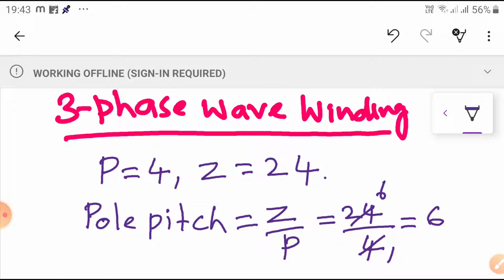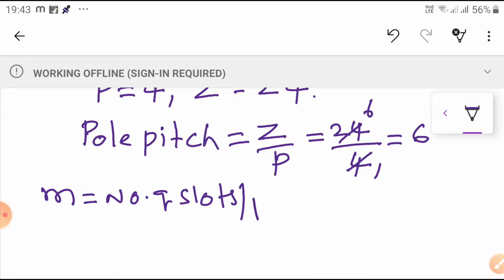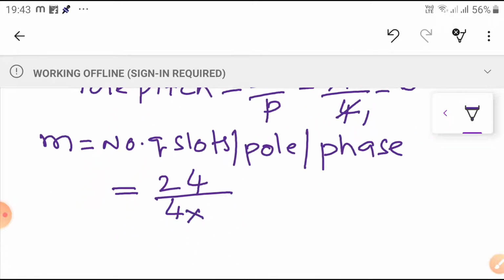Okay. Now, after knowing this, what is m? Small m is equal to the number of slots per pole per phase, because it is 3-phase. Now, total slots is 24 divided by number of poles, 4 poles, into phases, 3-phase. 3 fours are 12, 2 twelves are 24.